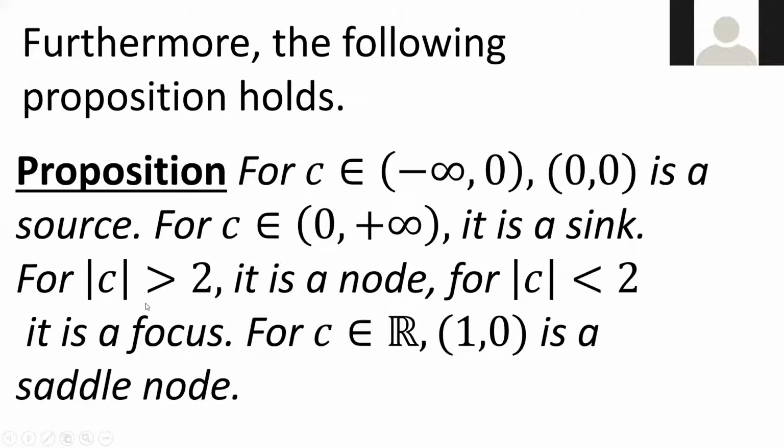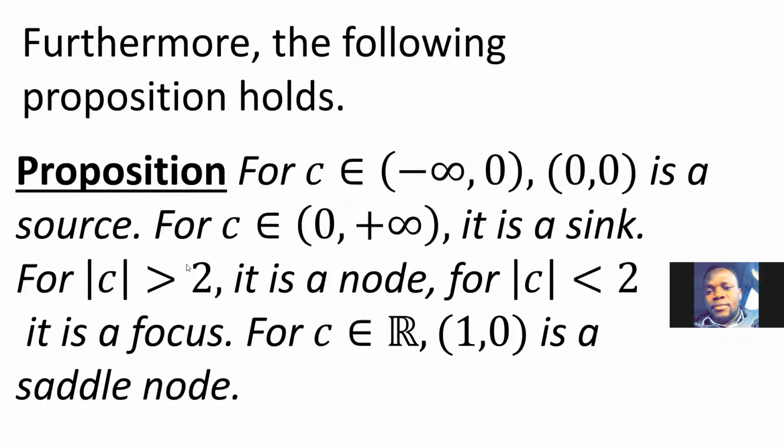And for c greater than 2, the 2 eigenvalues of the Jacobian are real. So it was a node, in this case a stable node if c is positive, and an unstable node if c is negative.